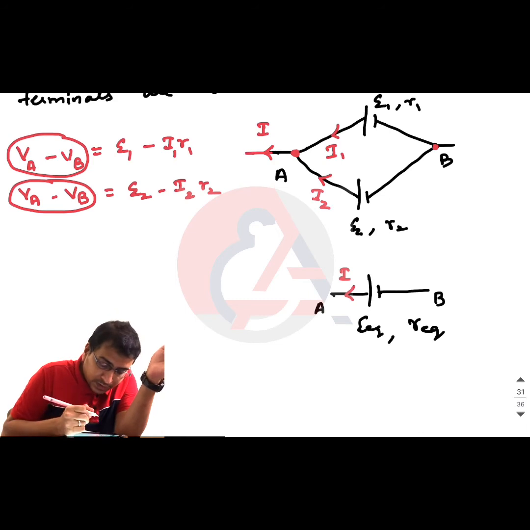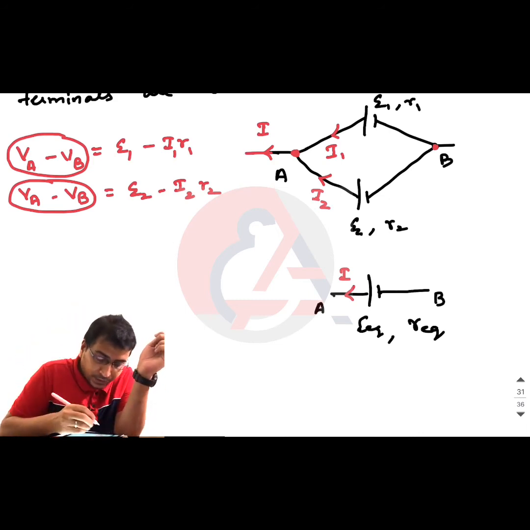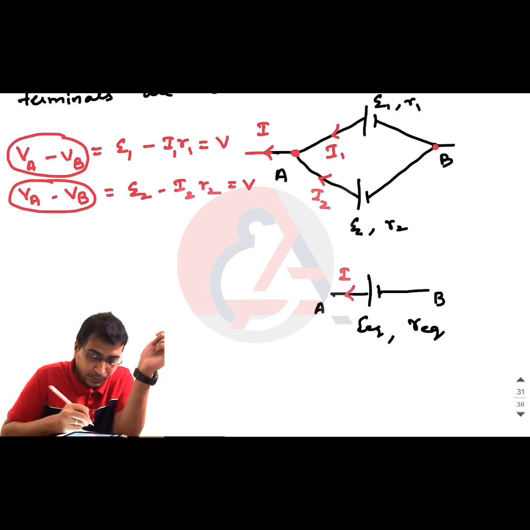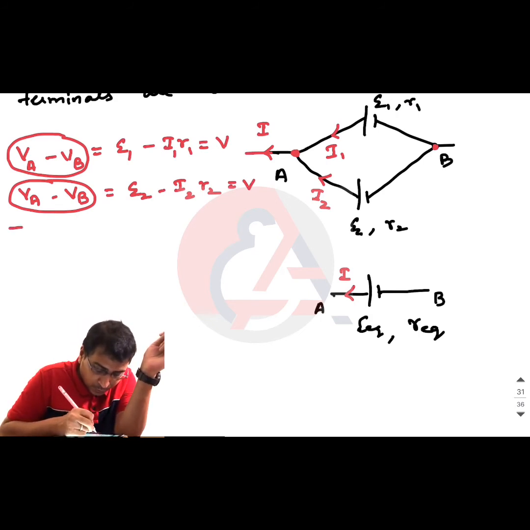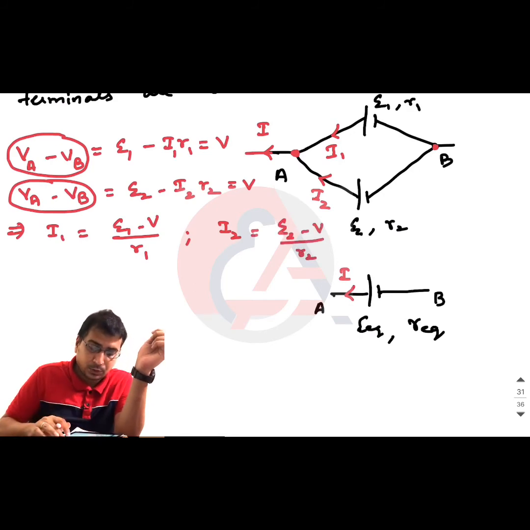So since the left hand side is equal, we can solve the problem with the right hand side. Let's call VA minus VB as V. From the first equation, I1 will be equal to E1 minus V divided by R1. Similarly, I2 will be E2 minus V divided by R2.